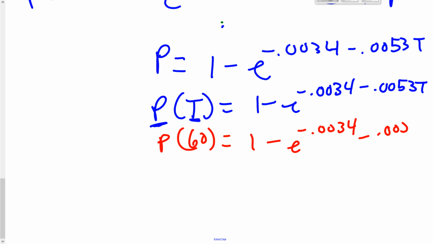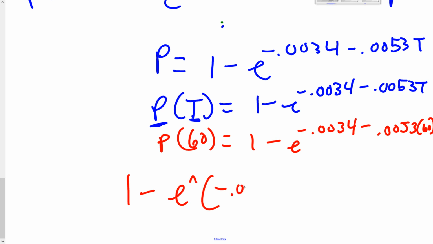equals 1 minus e to the negative 0.0034 minus 0.0053 times 60. Okay, so here we can enter this in our calculator, and just make sure that we put parentheses, so you can just type 1 minus e and then it'll do the parenthesis, right?